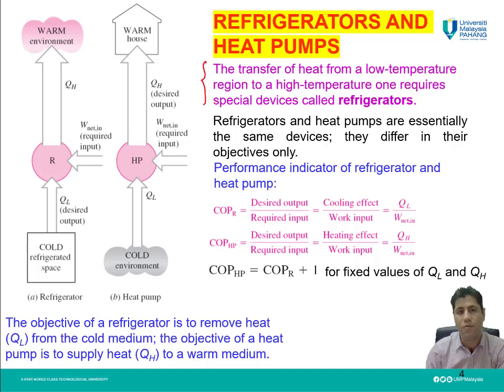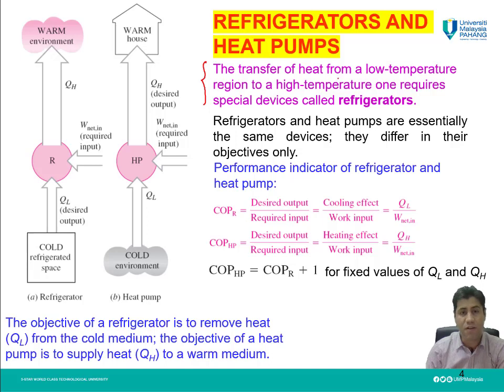Because as you know, heat always goes from the medium with higher temperature to the medium with lower temperature automatically. But in the reverse direction, it doesn't happen at all, and we need to use energy to have an energy transfer or heat transfer in the reverse direction.